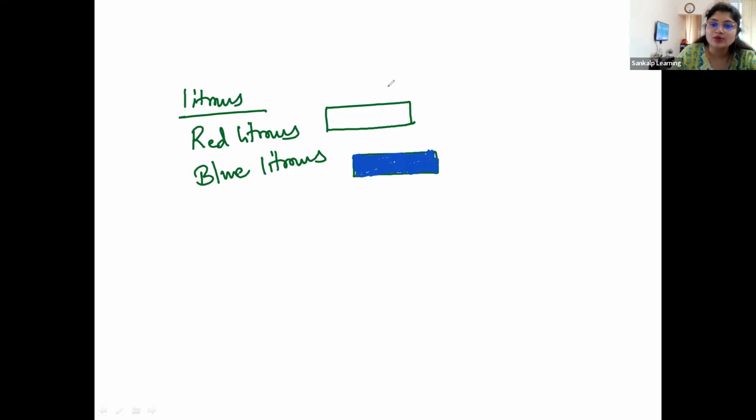So what I'll do now, I will take a beaker, and in the beaker I'll take a solution. This is an acidic solution.